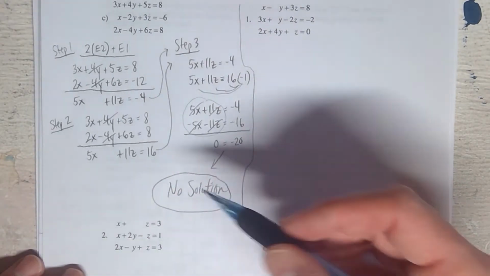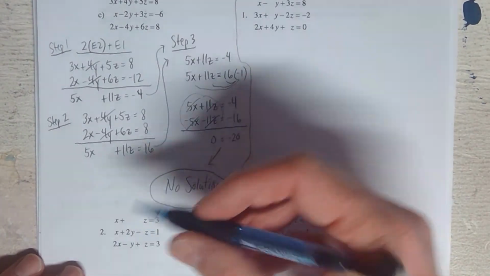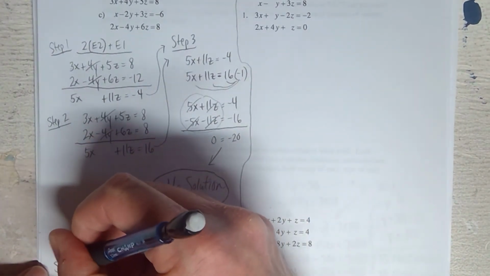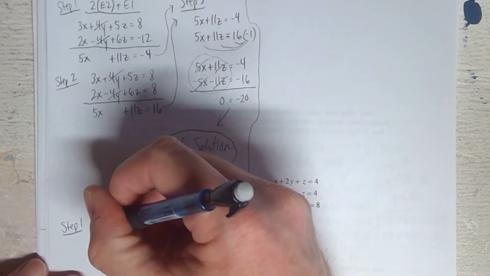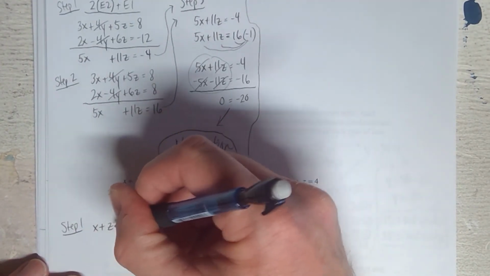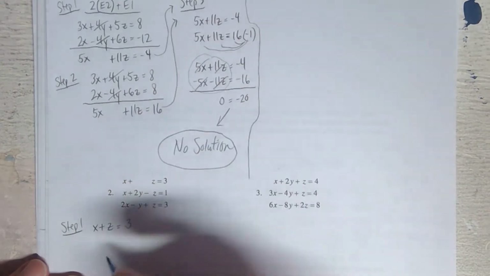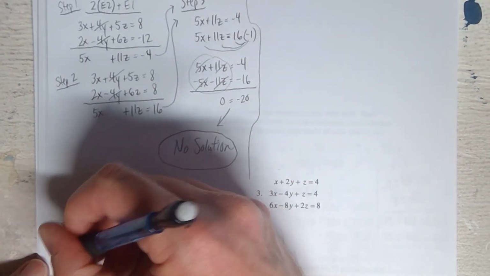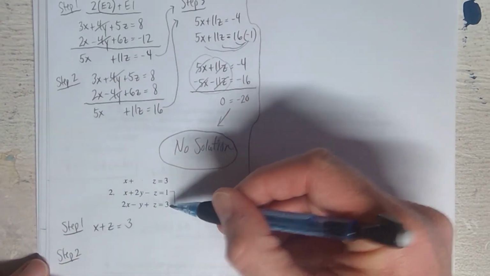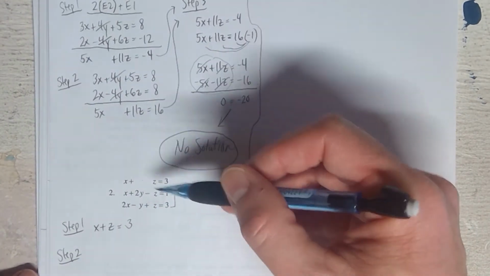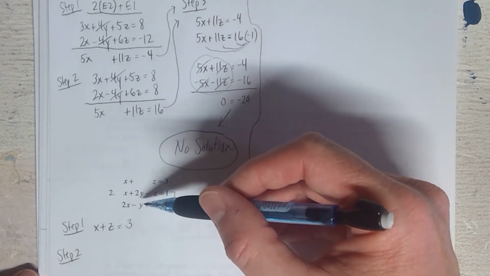If there is, remember, when there's a variable missing, what do you do here? I'll just get you started. You make the equation where the variable is missing your step 1 result. Then in the step 2 result, you pick the other two equations to eliminate the same variable, which would be y.